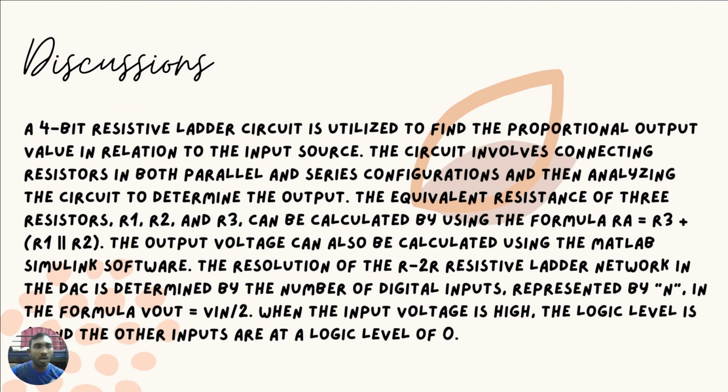For the discussion, a 4-bit resistive ladder circuit is utilized to find the proportional output value in relation to the input source. The circuit involves connecting resistors in both parallel and series configurations and then analyzing the circuit to determine the output. The equivalent resistance of the three resistors R1, R2, R3 used in the circuit can be calculated using the formula Ra equals R3 plus R1 parallel R2.